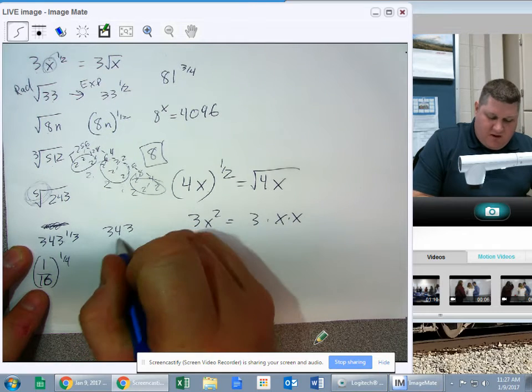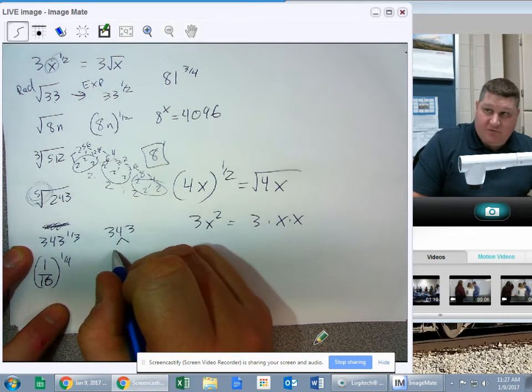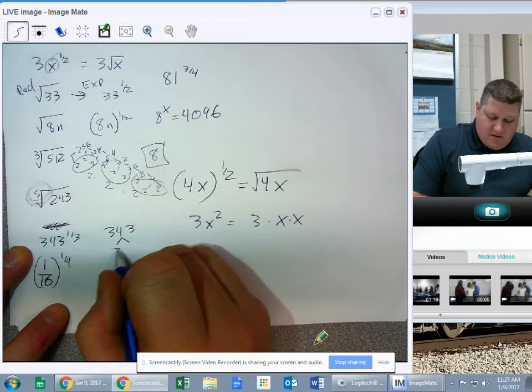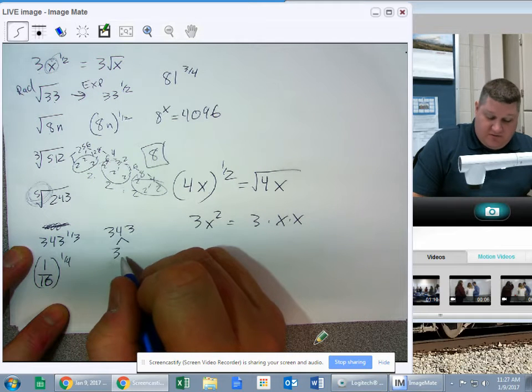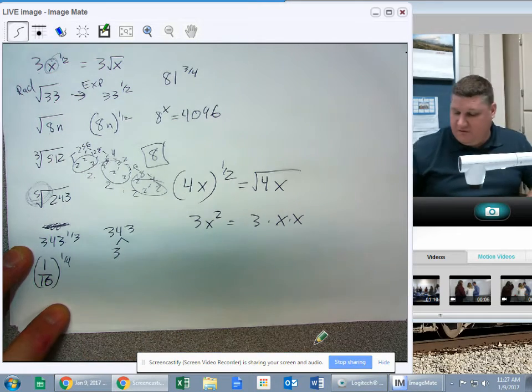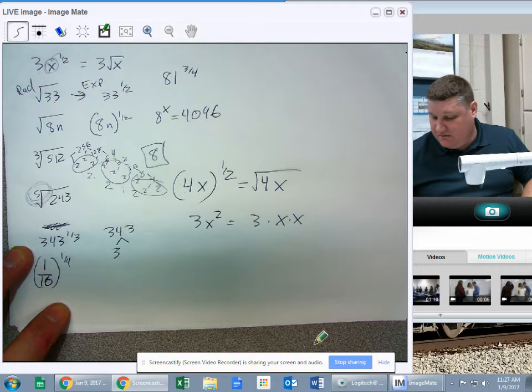343 probably divides by what? 343 divides by, I'm going to go with 3, although that's not true. 343 does not divide by 3. If I tried to take 343 divided by 3, it's not going to work for me. 7 maybe?